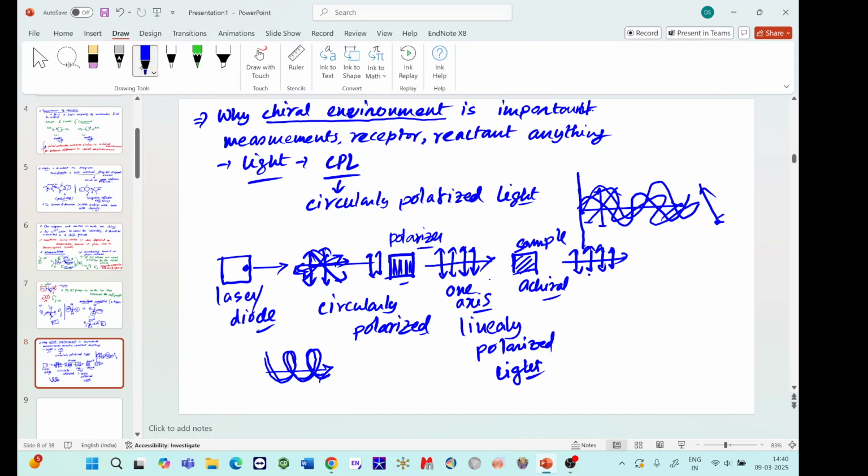But if your sample is chiral, then what will it do? It will rotate the plane of polarization. What you can see in the detector, here is the detector. The detector will measure everything. So suppose this is your, let me draw it in another color.